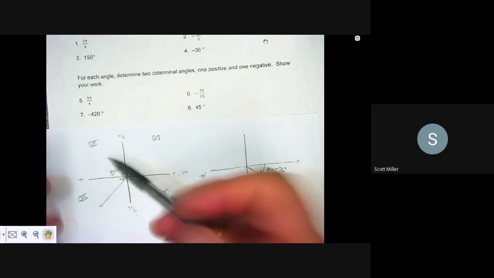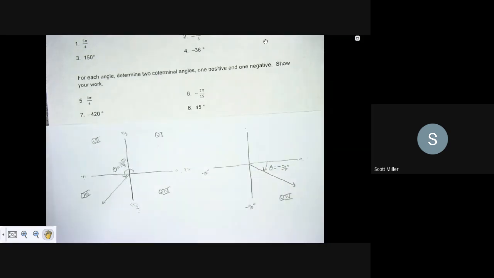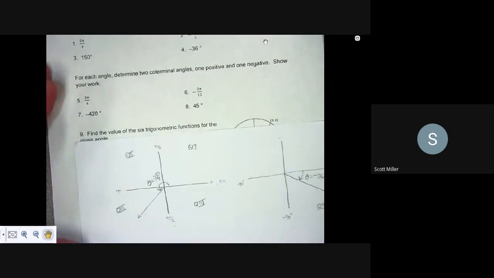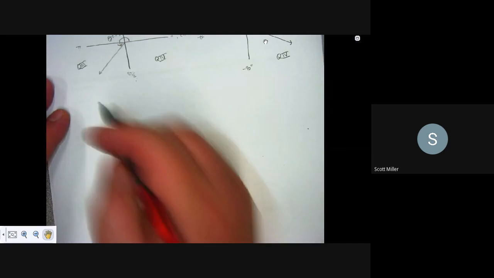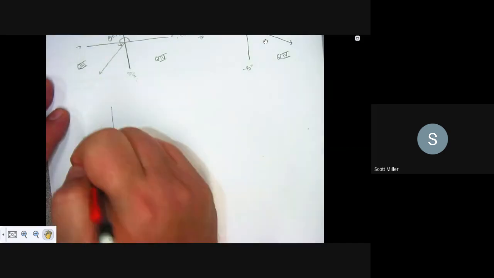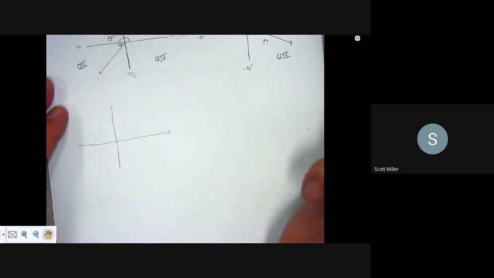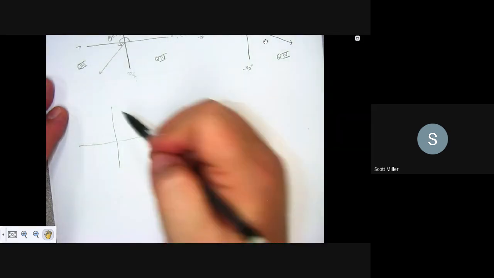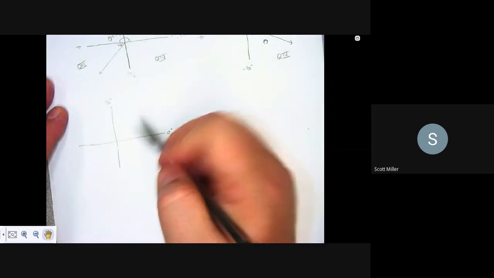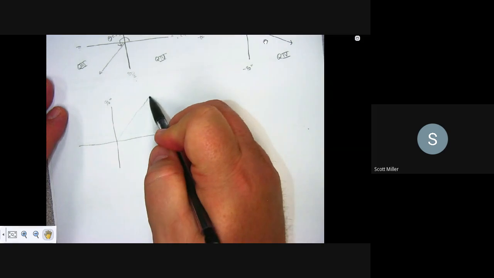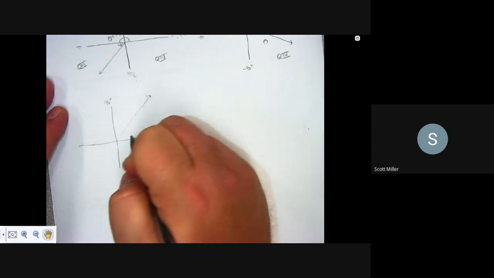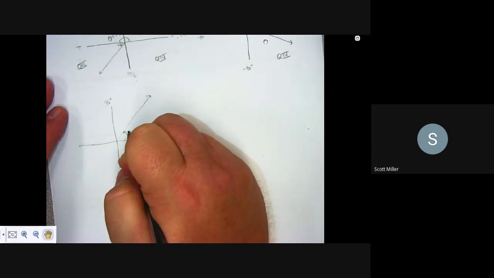So how do I get to these other coterminal angles? Let's just do the 45 since I talked about it first. First off, where is 45 degrees? Well, here's my 0 degrees right here. This is 90 degrees up here, so 45 is right in the middle. So this angle right here is 45 degrees.